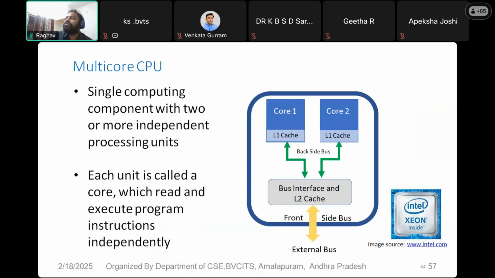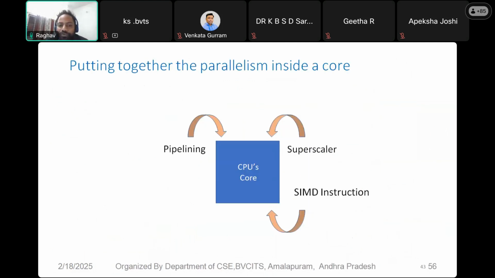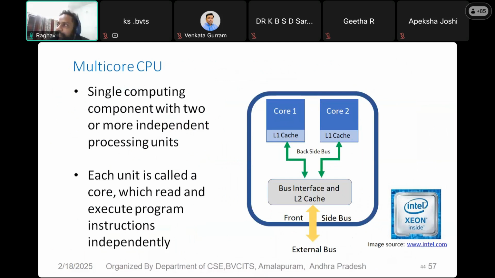Now, for us to do the parallelism, in the next slide. Essentially, what we can see is the L1 cache, and then we have the L2 cache. Any kind of operations or SIMD instructions can be done on each one of the cores.